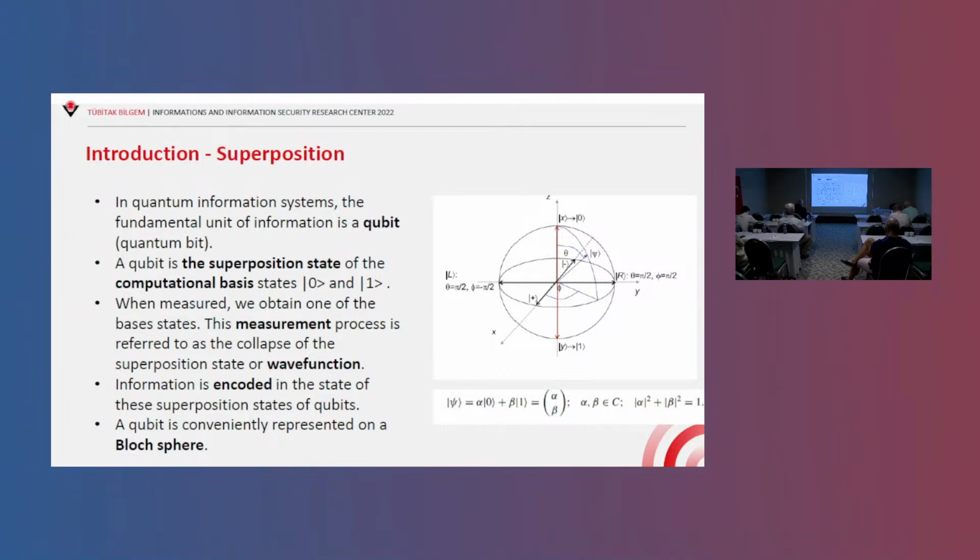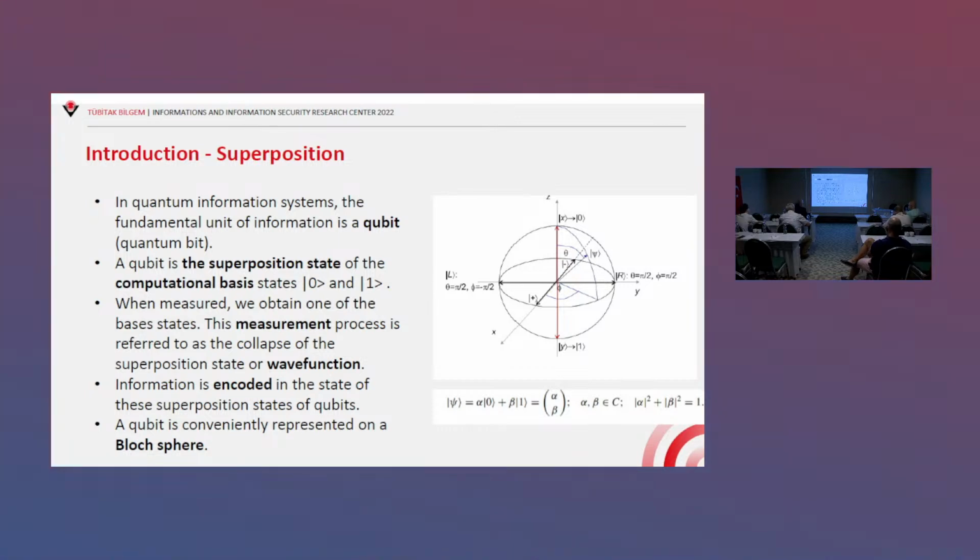So a qubit, in this sense, is a superposition state of these computational bases, ket 0 and ket 1. When a measurement is made on this particular qubit, the technical term is collapsing. The state of the qubit collapses to one of the basis states, either ket 0 or ket 1.